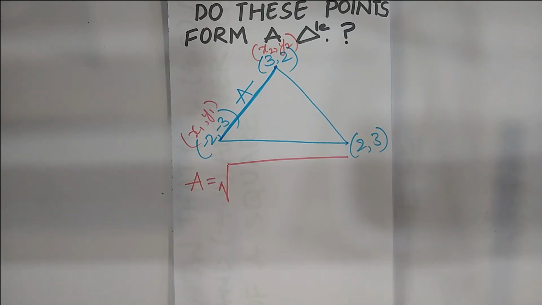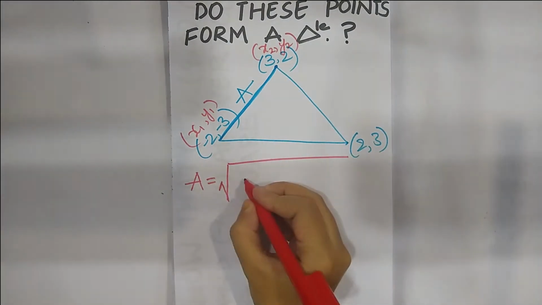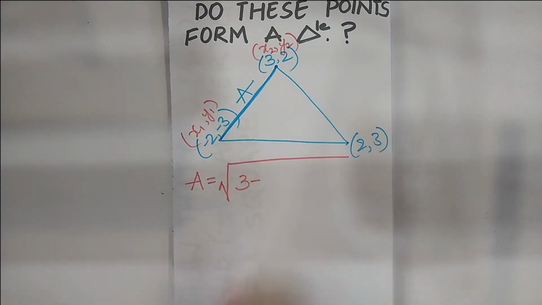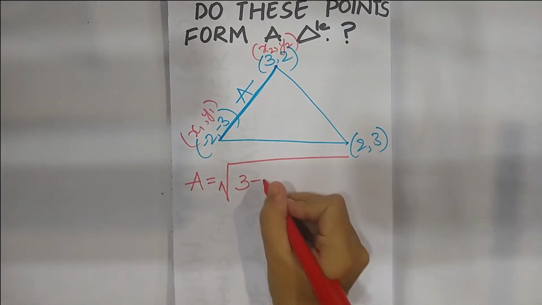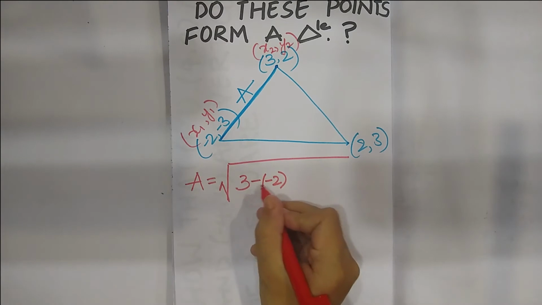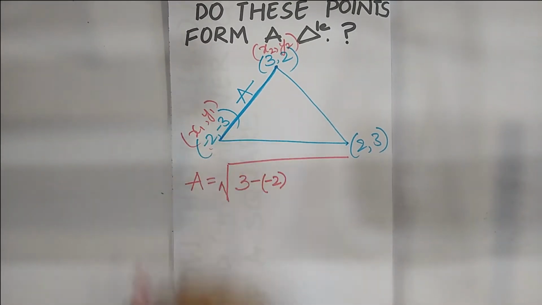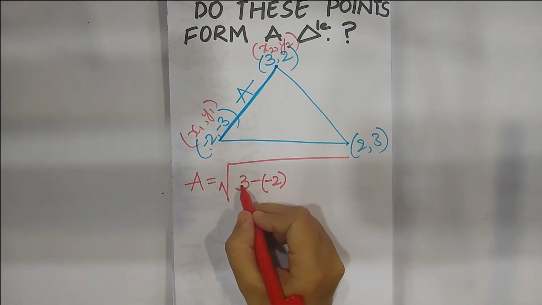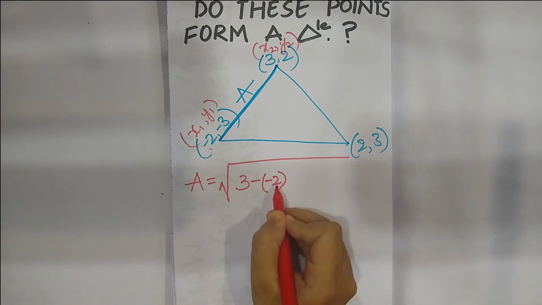So according to the formula, x2 minus x1 the whole square, right? x2 is 3 minus x1, which is -2. So minus of -2. Always remember, if the number is negative, you will have to be careful with the formula as well, because the formula itself is x2 minus x1 and the number here is negative.